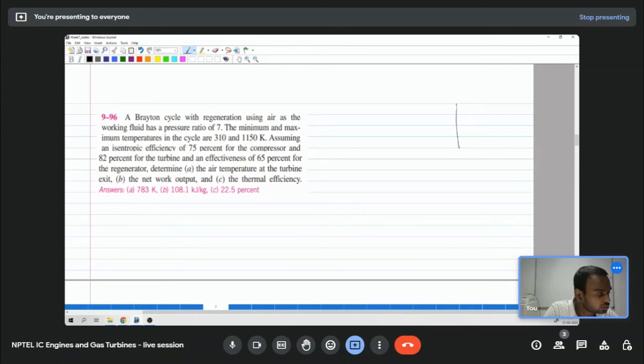Now, drawing the TS diagram, we have the compression represented by a vertical line from 1 to 2, and then it first goes to regeneration and then actual heat input.